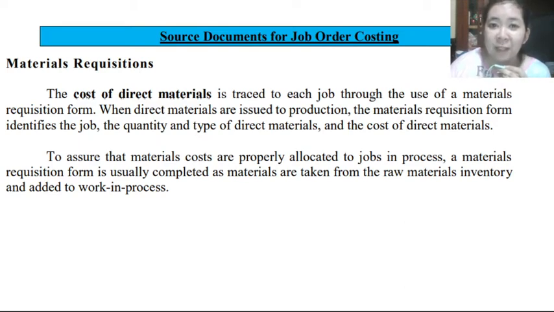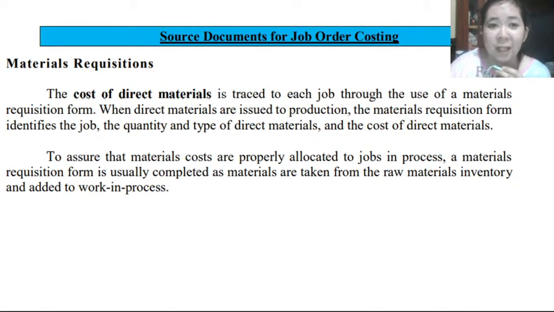When direct materials are issued to production, the materials requisition form identifies the job, the quantity, the type of direct materials, and the cost of it in this source document.